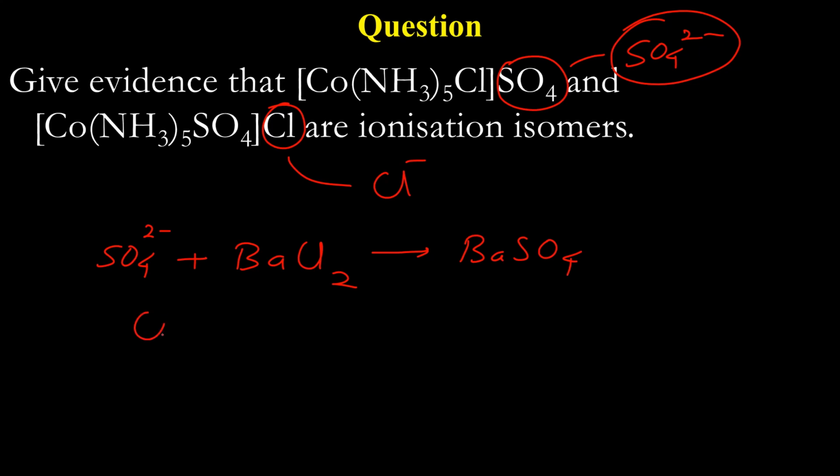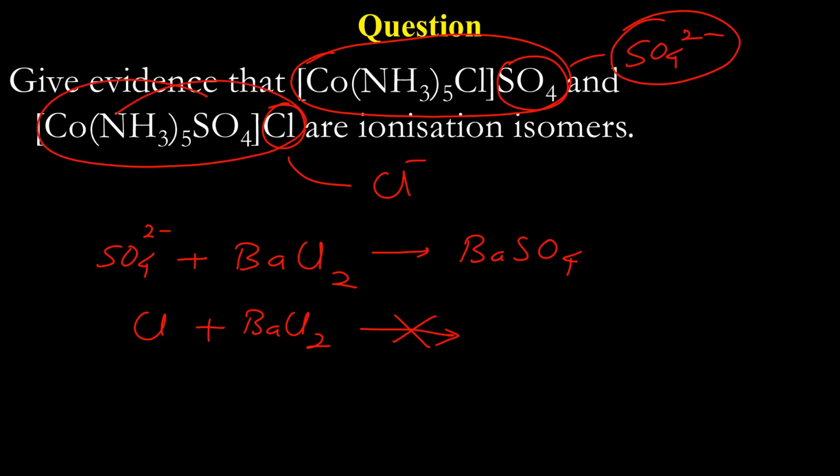And this chlorine will not react with BaCl2 because chlorine cannot displace chlorine. Okay. So if you use them separately, you will get this reacted with BaCl2. The one which gives you white precipitate has SO4 outside. Is that clear? You will get both reacted with BaCl2.